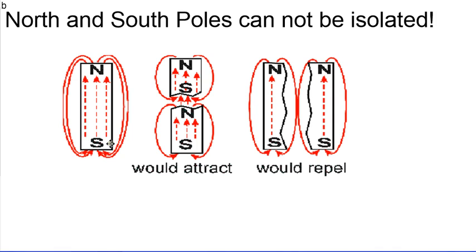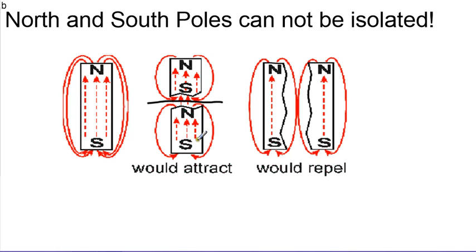And so if we take a regular bar magnet, and you can see the field around it, depending on how you break it, this is interesting, the two pieces would either attract or repel. So if we were to break it like this, there would be independent north and south on each side, and these would actually attract.